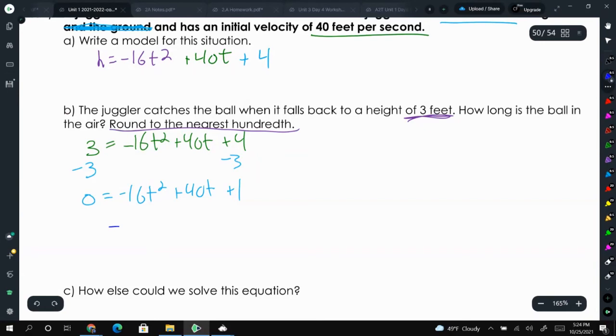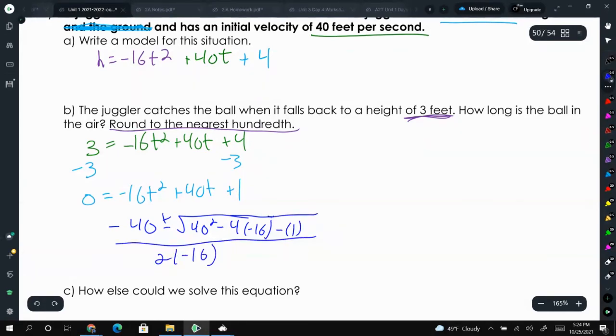So negative b, so negative 40, plus or minus the square root of b squared minus 4 times negative 16 times c, which is 1, all over 2 times negative 16.